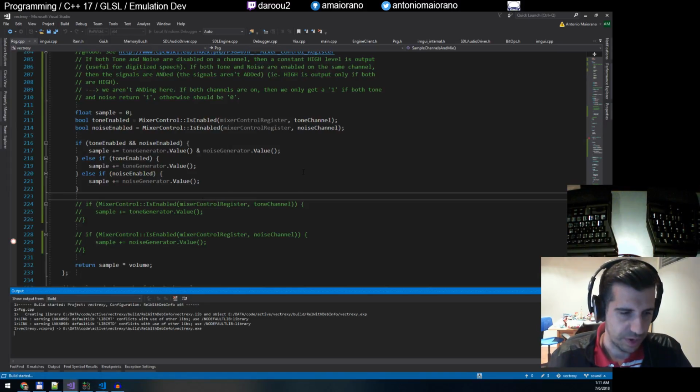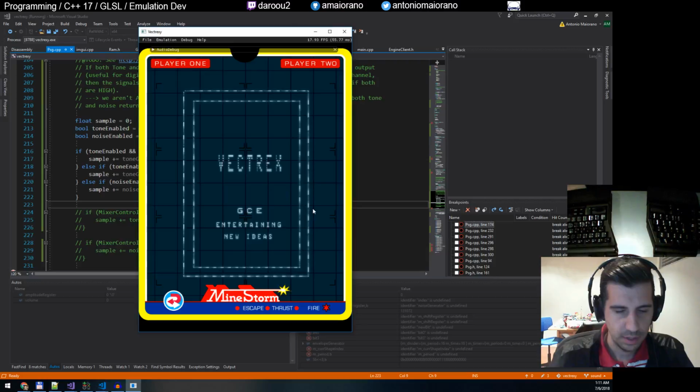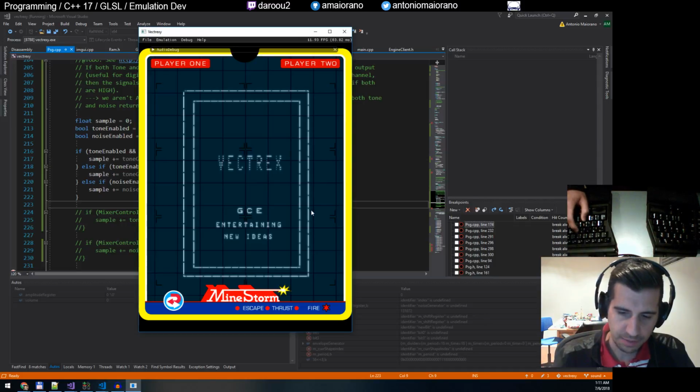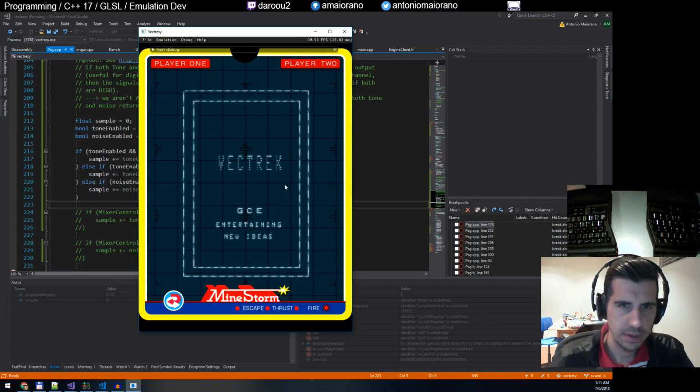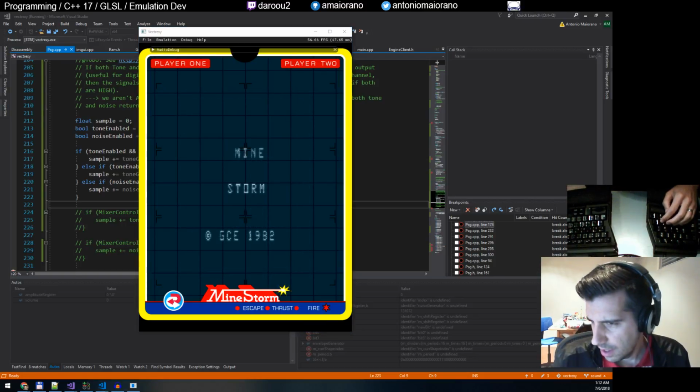Let's see if this sounds right when we fire. Very interesting to hear this. Basically, it would mean we hear the noise at the frequency of the tone, right? Why is my CPU so crap? What the hell's going on?